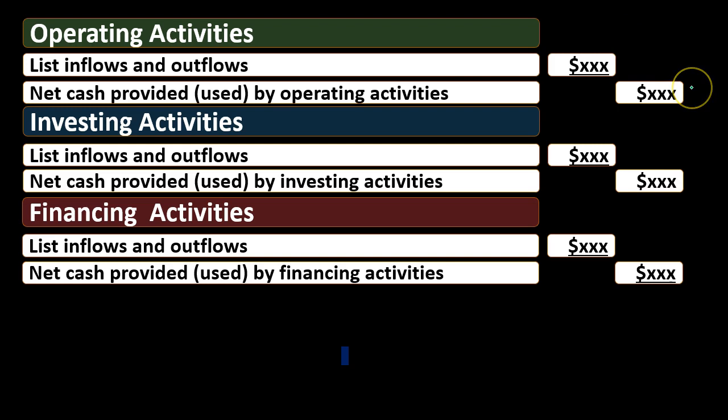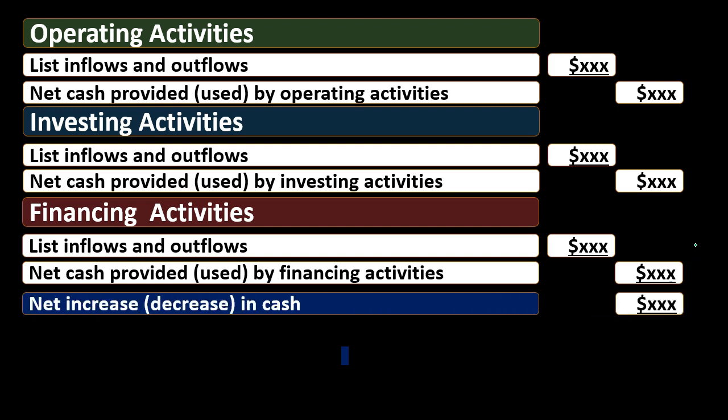So the totals in the outer column are going to be net cash provided or used in operating activities, net cash provided or used in investing, and net cash provided or used in financing. If we add or subtract those up, whichever way they be going in terms of cash flow, then we're going to get the net increase or decrease in cash.